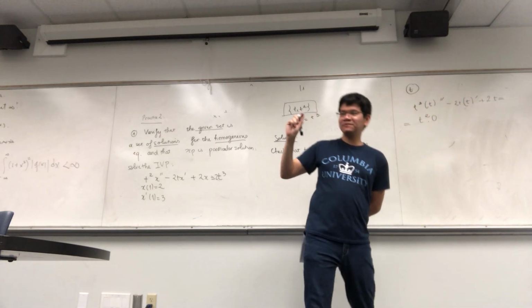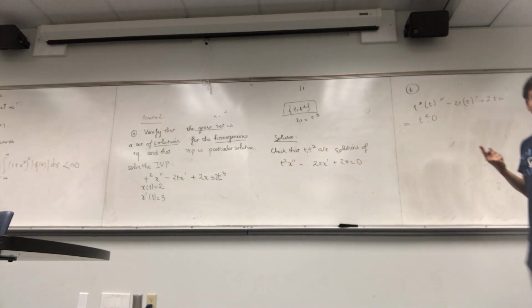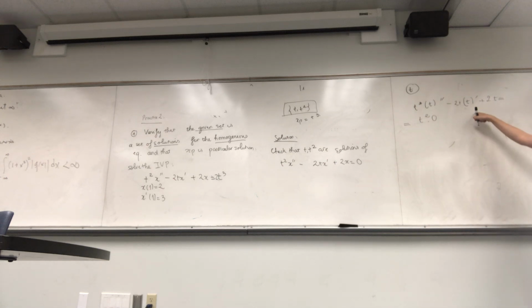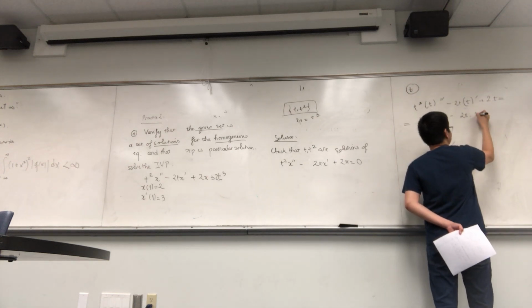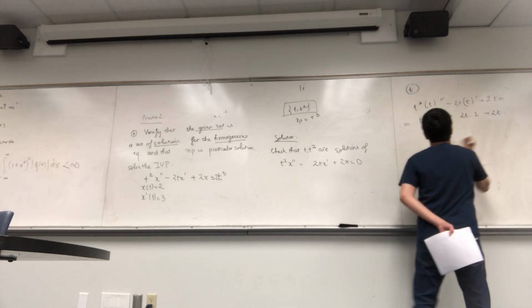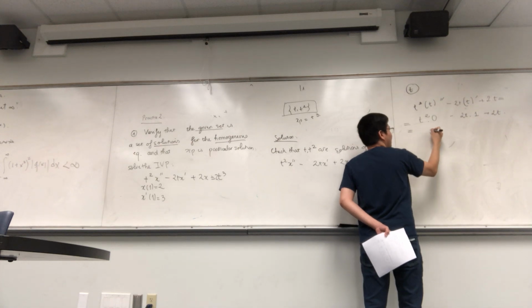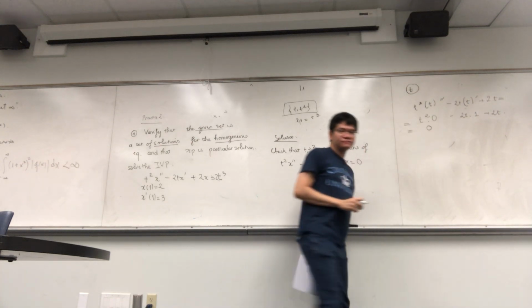The second derivative of t is 0, right? What is the first derivative of t? 1, yes. So you have 2t times 1 plus 2t. Right? So here you have 0.